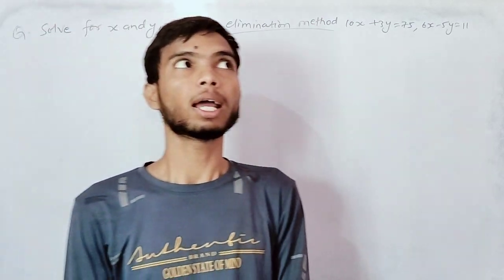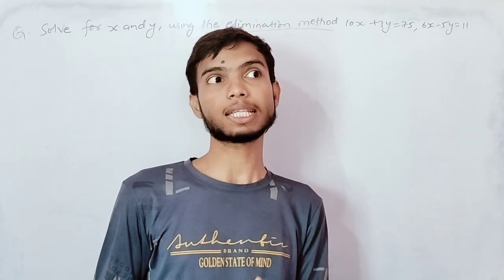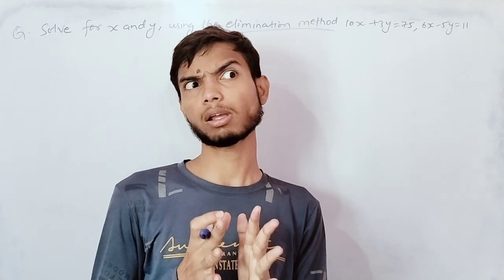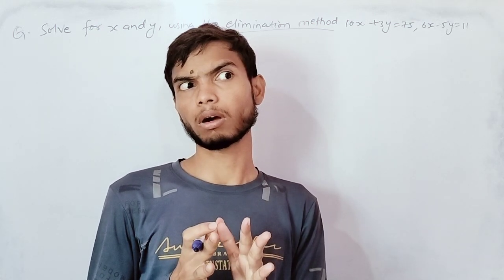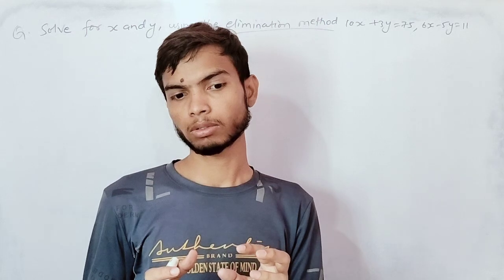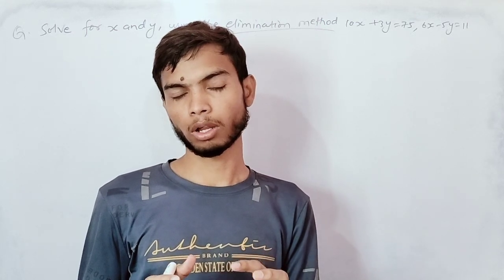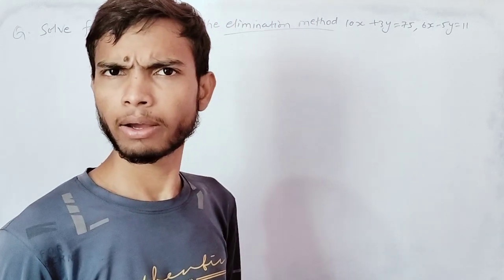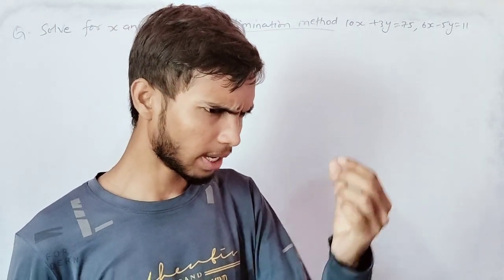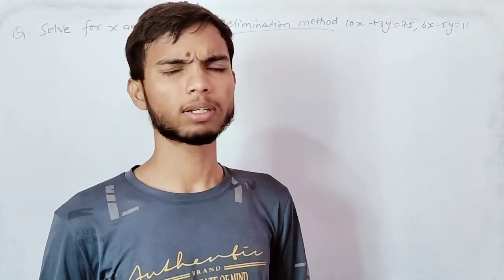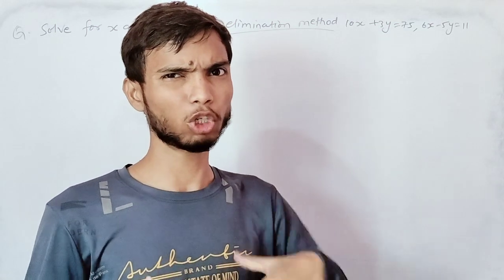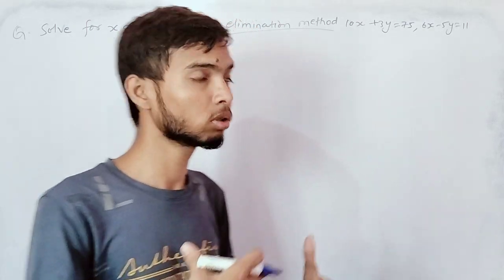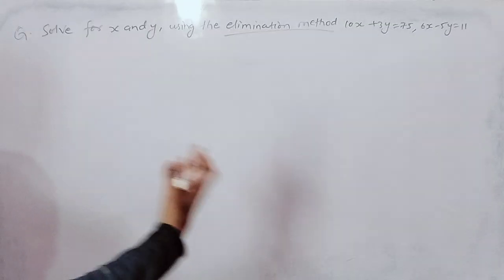Let us say elimination method says that we multiply a number on both sides so that you can get the value of a variable the same in both equations.